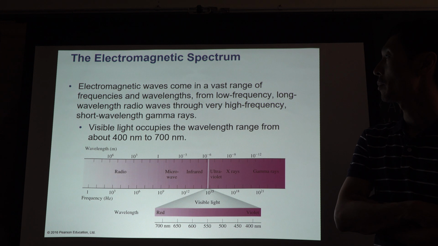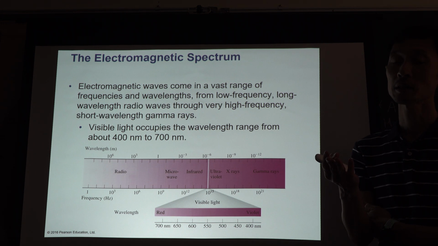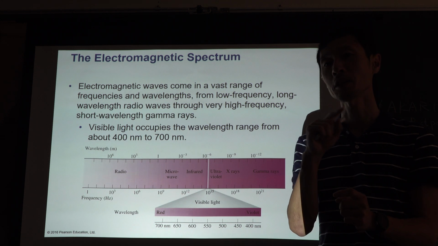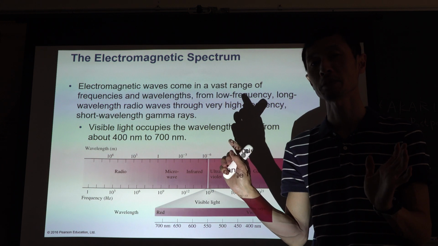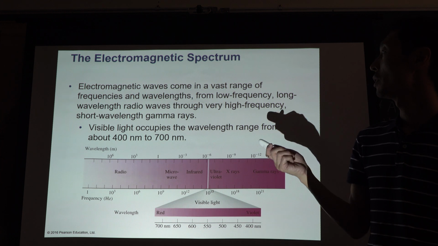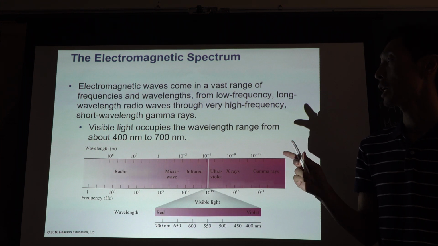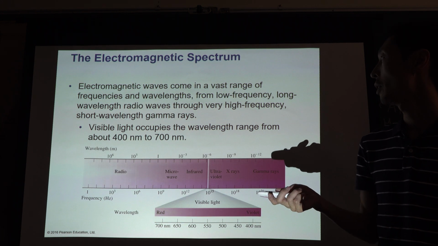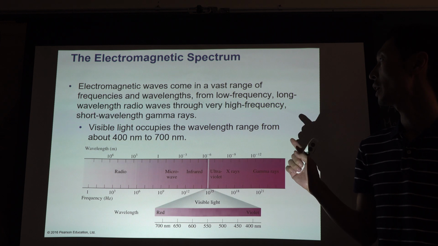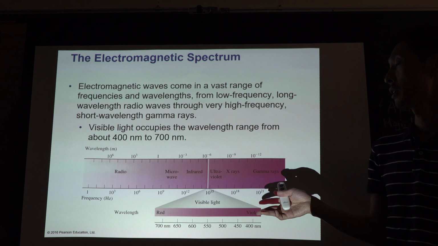Electromagnetic spectrum. So as I said, any frequency or wavelength is possible for EM waves as long as you satisfy f lambda equals c, a relation that follows from Maxwell's equations. So that's why electromagnetic waves come in a vast range of frequencies and wavelengths, from low frequency, long wavelength radio waves, through very high frequency X-rays or short wavelength gamma rays.